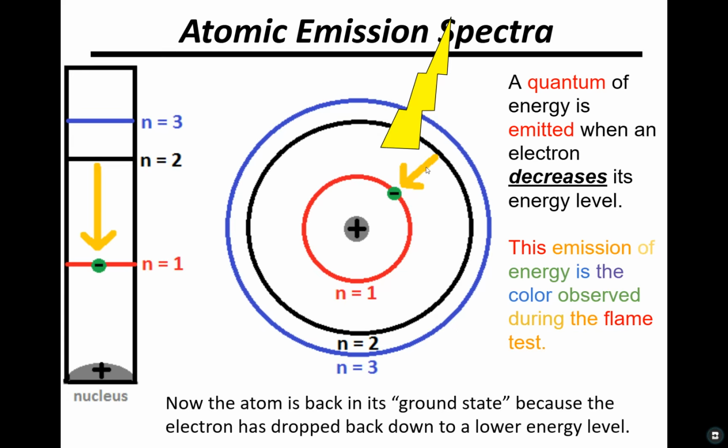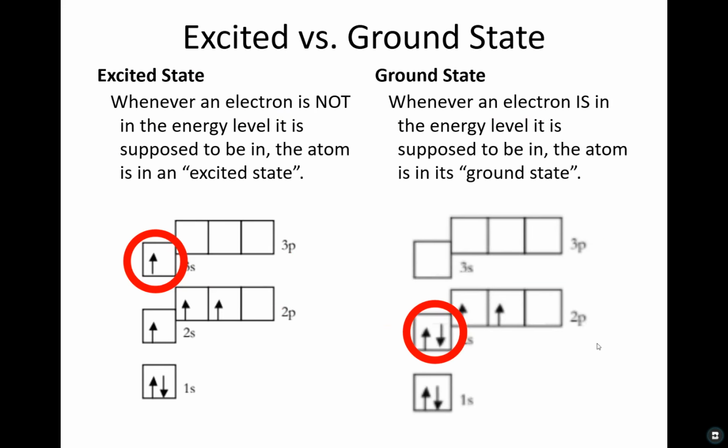So now that it's fallen back down to the original energy level 1, the atom is technically back in its ground state. If we look here, I've got two orbital diagrams of carbon. One on the left shows carbon in its excited state. We know this is true because this electron up here in the third energy level shouldn't be here.